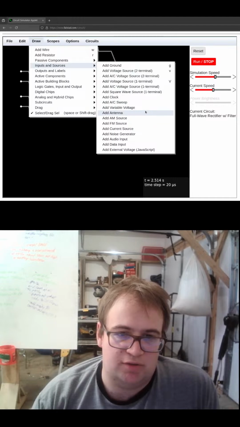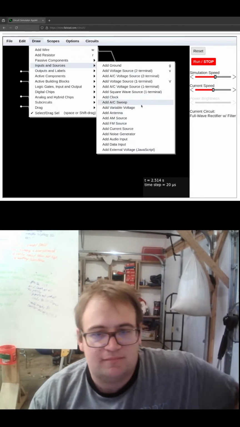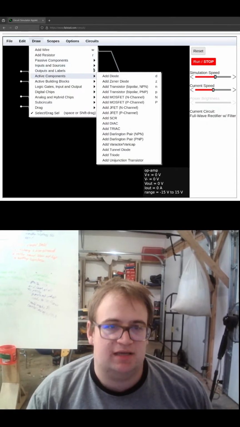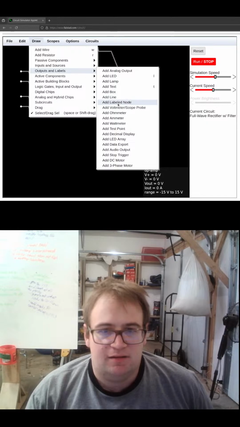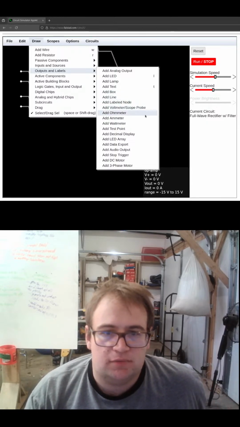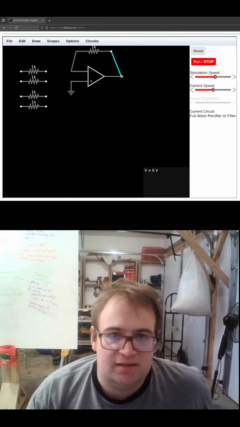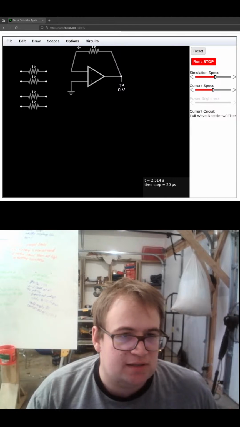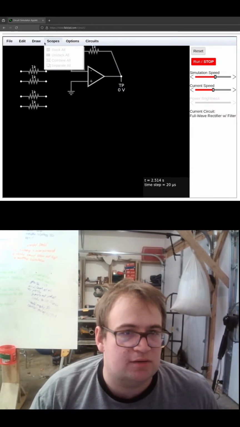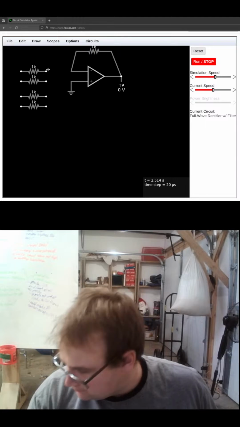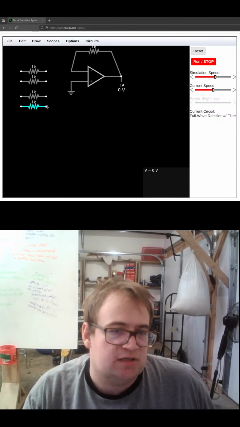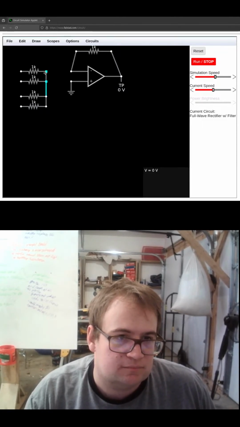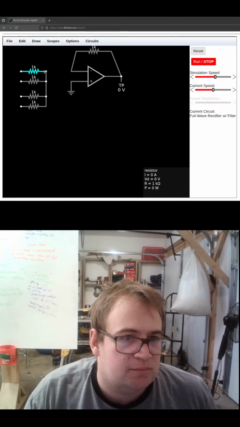I want to add a test point. Outputs and labels, that's where it is. Test point, right here. Good. So now we got that test point there. Let's keep drawing in all the wires here. See, all of these just sort of go all together.